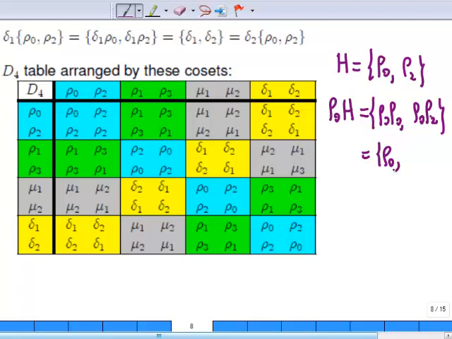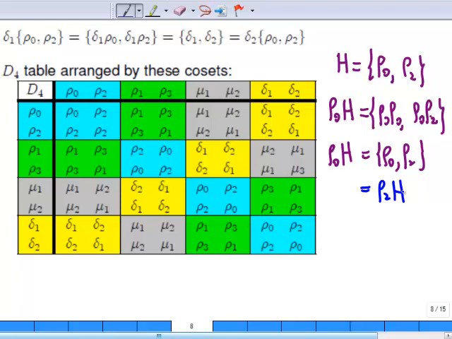So this is rho 2 here, and this is one coset. I'm going to tell you this coset is the same as another one: H multiplied by rho 2.